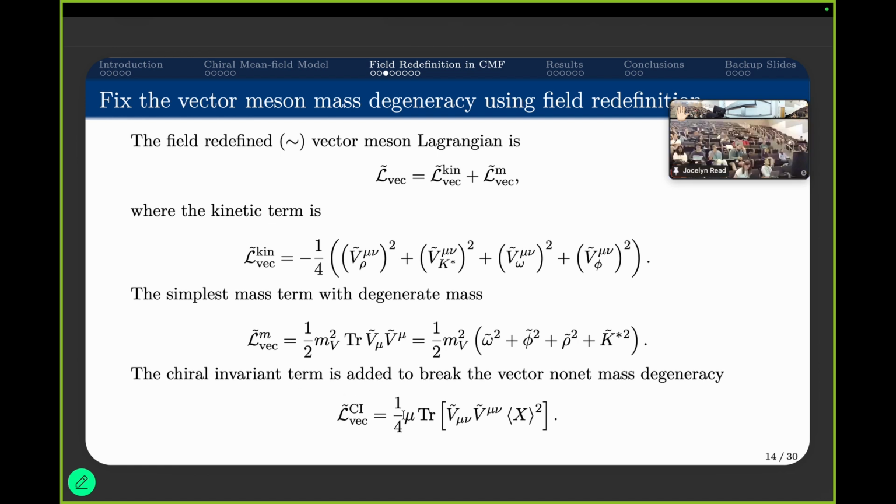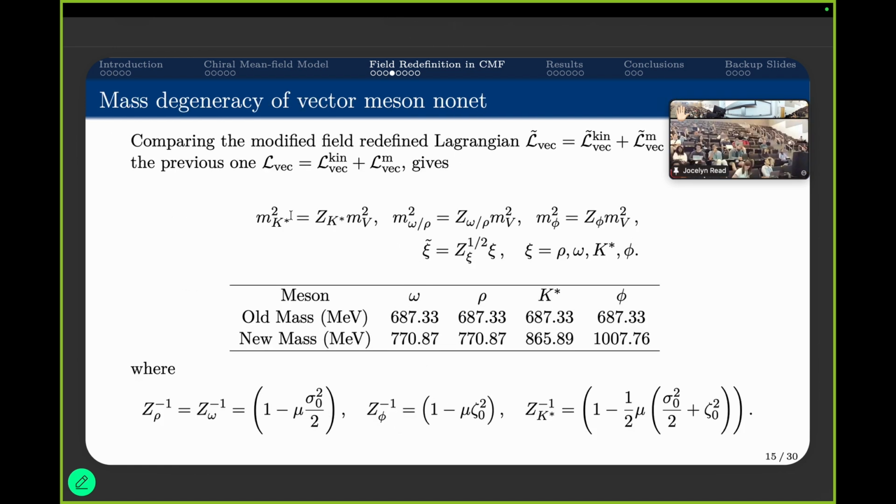What we observed is that now we don't have a mass degeneracy, so we have a parameter which is multiplied to this constant, and for different vector mesons the parameter is different. After putting in the values of all the constants, we observe that we have lifted the mass degeneracy.